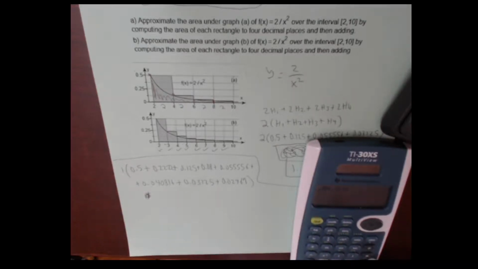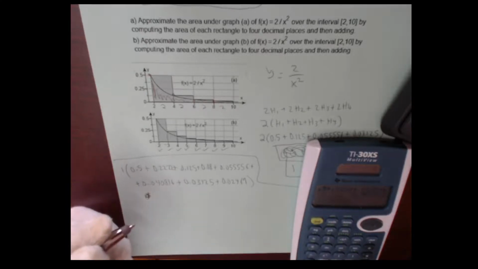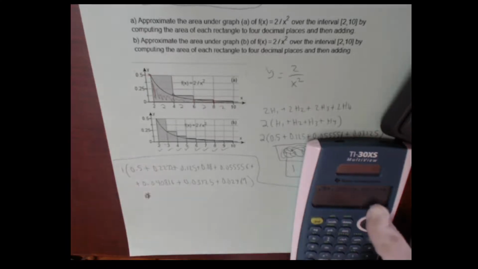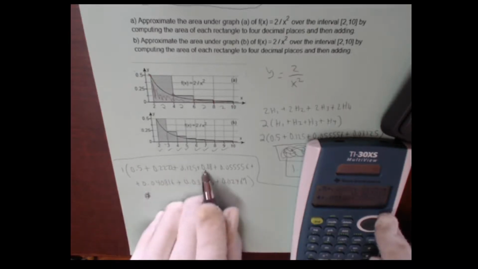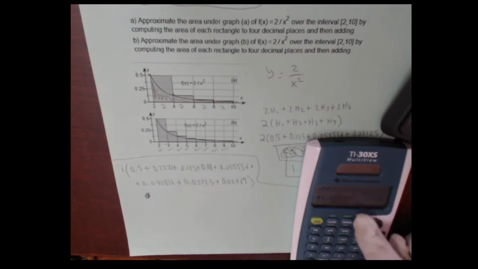0.5 plus 0.2222. And we get an answer, oops, did I leave off one of the numbers? You see how easy it is to make a mistake when you're doing this.